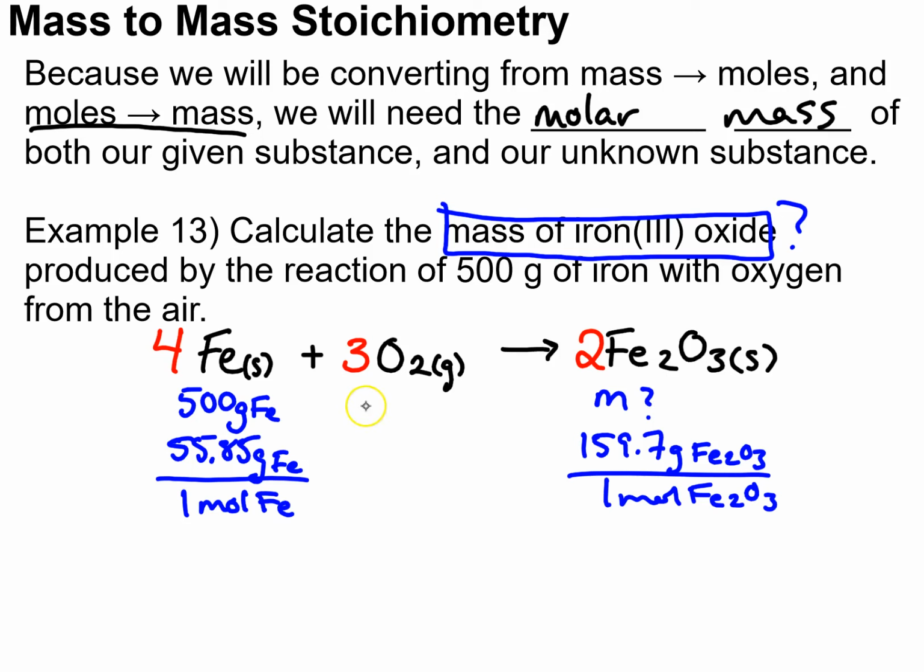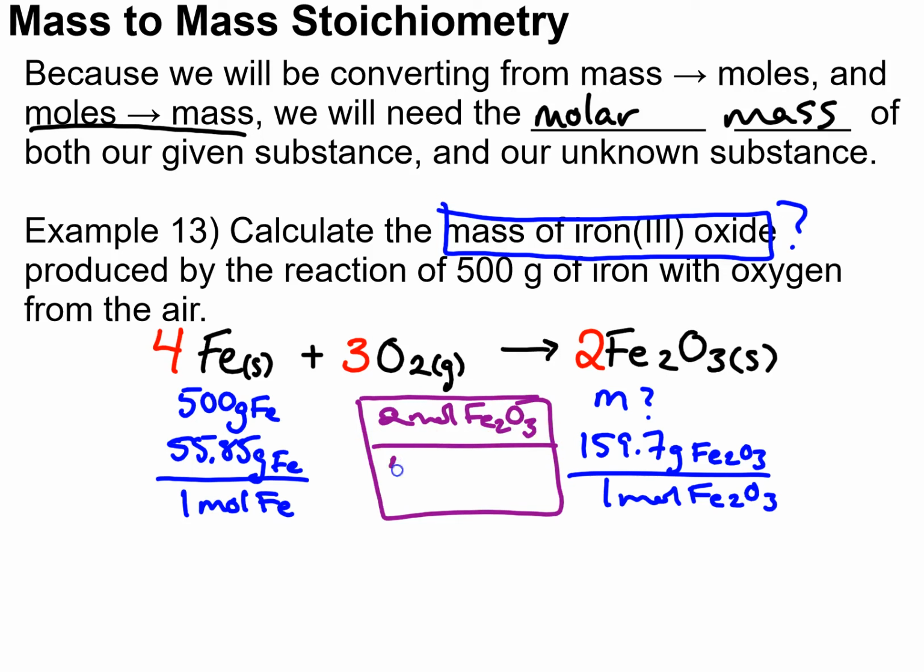Now here in the middle, I'm going to put the molar ratio because the molar ratio is going to convert from one substance to another. And we always write our molar ratio as unknown over given. So there are 2 moles of Fe2O3 for every 4 moles of iron. Now we have all of our puzzle pieces.